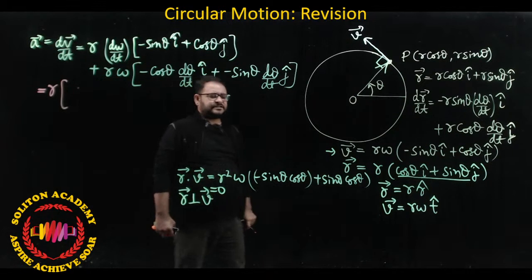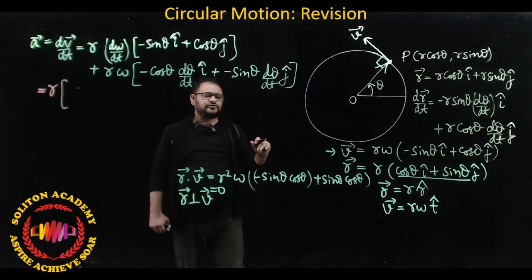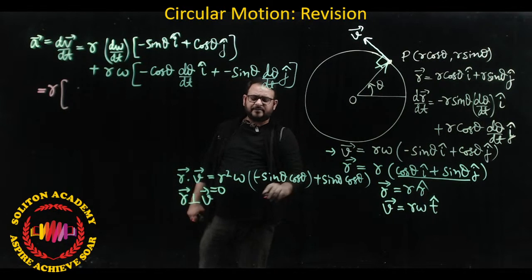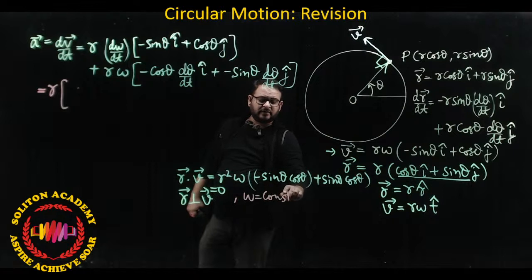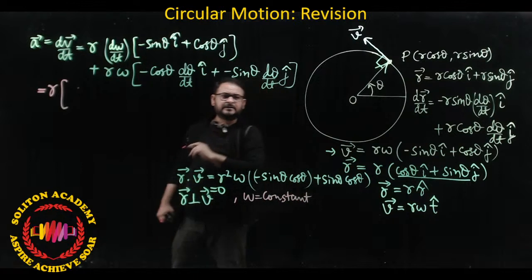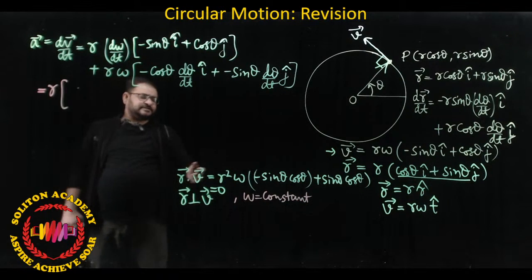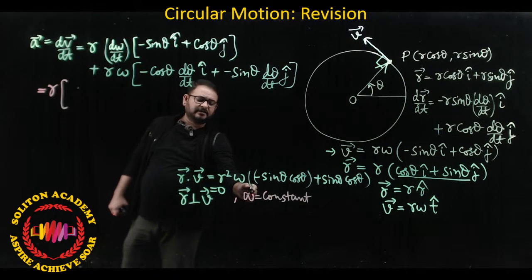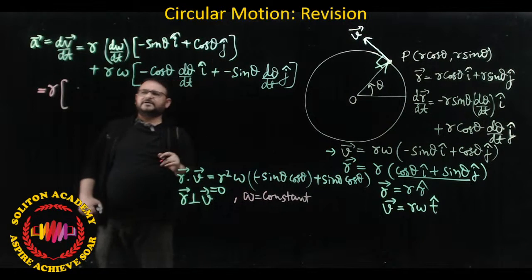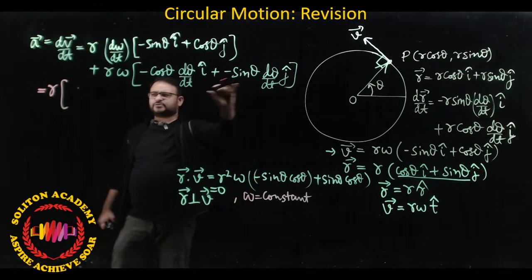Okay, so let us consider first the simplest motion. Let's consider omega is fixed. Omega is equal to constant. We don't have to, but let's live with it. Let's keep omega constant. And then this term will go away. The only term remains is this one.